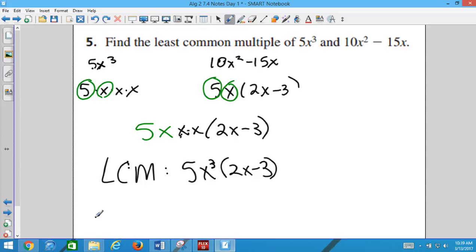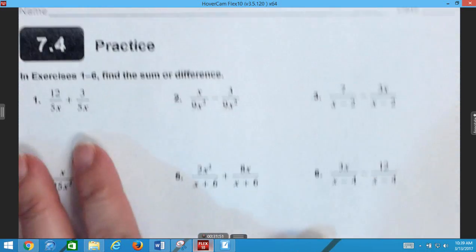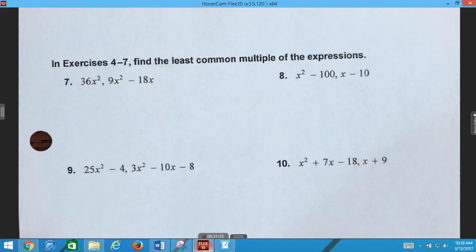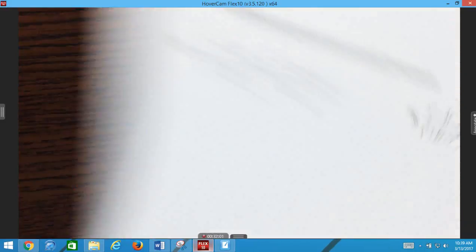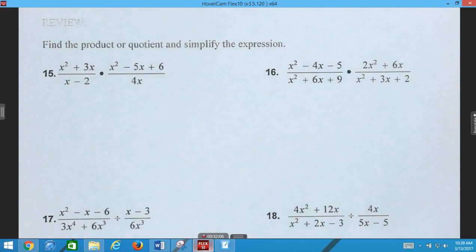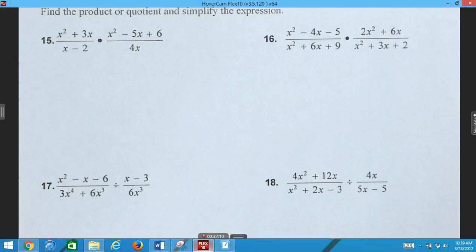Okay, so for our assignment, it's a worksheet, and I want to show you it, and then I'll pass it out. At the top is finding the sum or difference, just like we did. At the bottom, then we have the LCM, the last thing that we did. And then when you flip it over is what we did last week. Total review. So there's some multiplication, there's some division. If you had trouble with that last week, make sure you get questions answered.